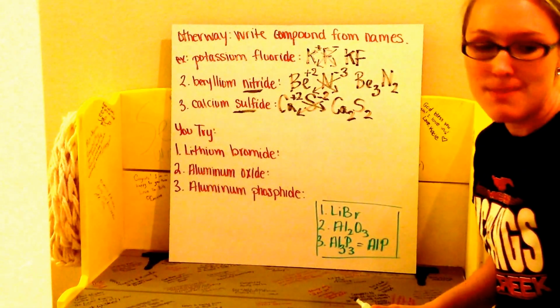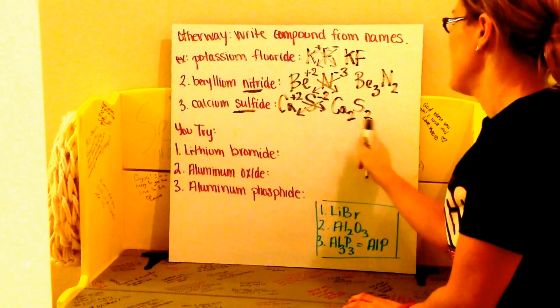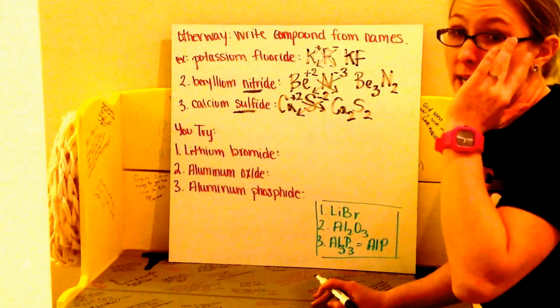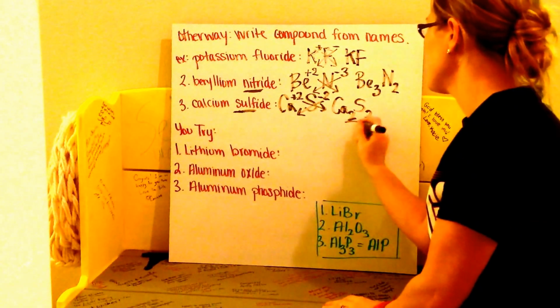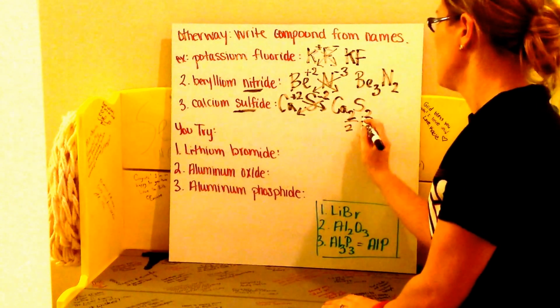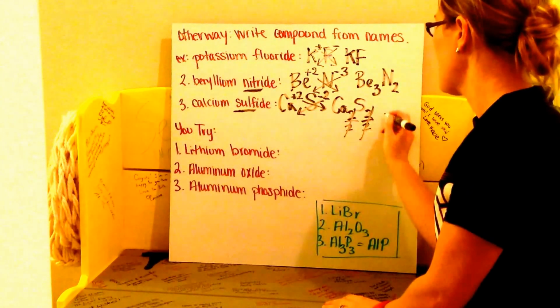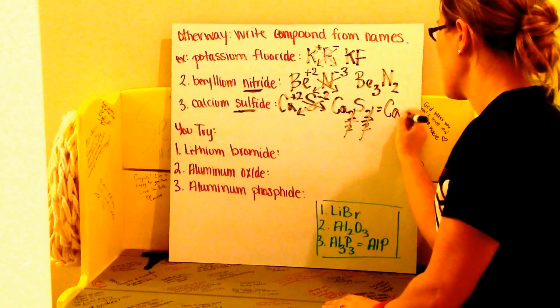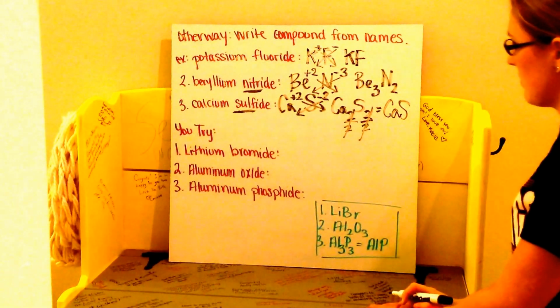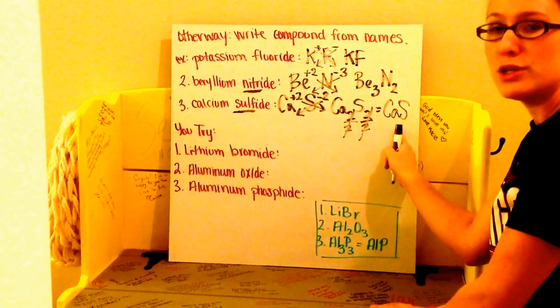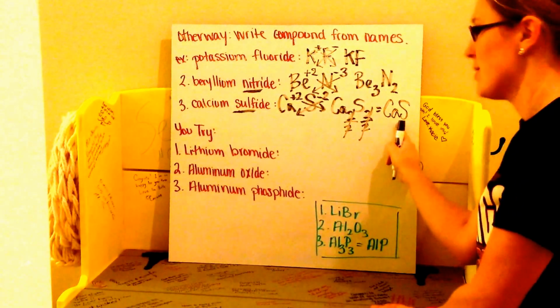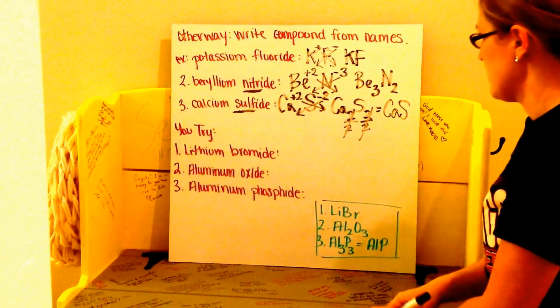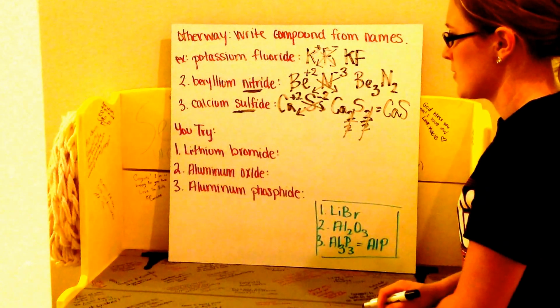Now, just like in math, when I have 2 numbers that are divisible by the same number, I can reduce them. So both of these are divisible by 2. 2 over 2 becomes 1 for each. So I get CaS as the same thing. You should reduce them, and you are required to reduce them in order for it to be correct on a test or in anything with chemistry.